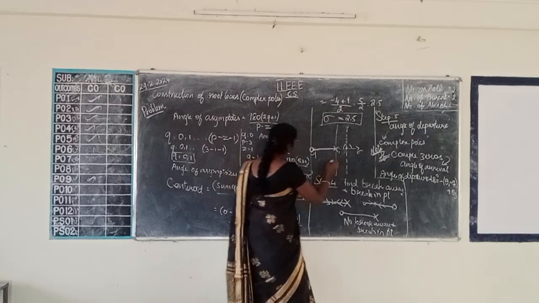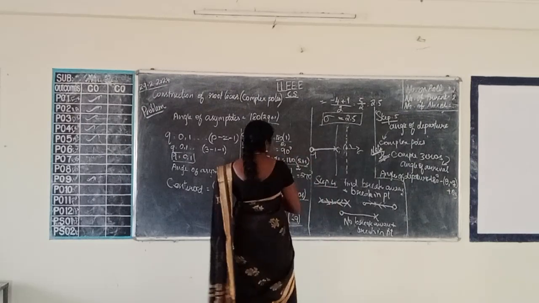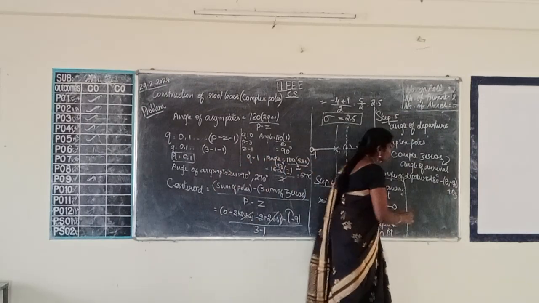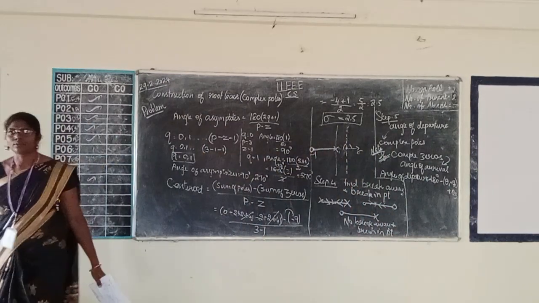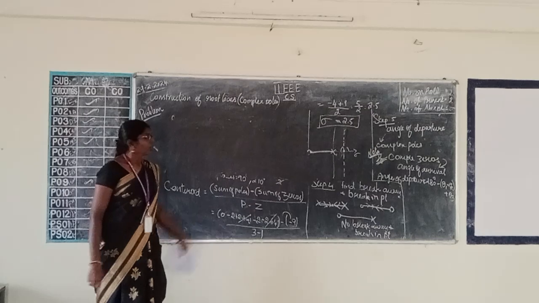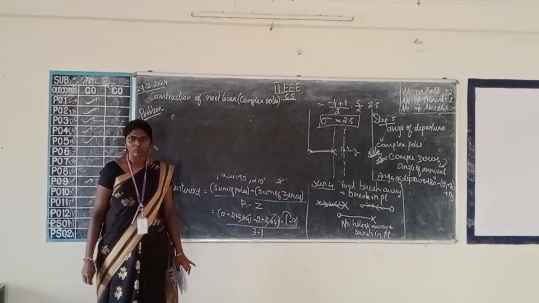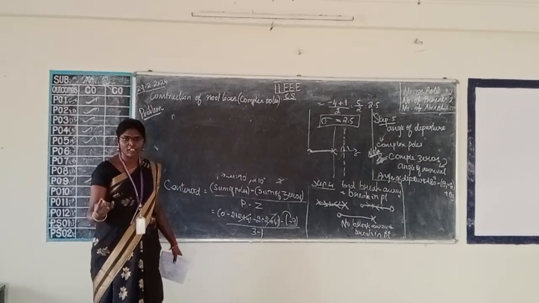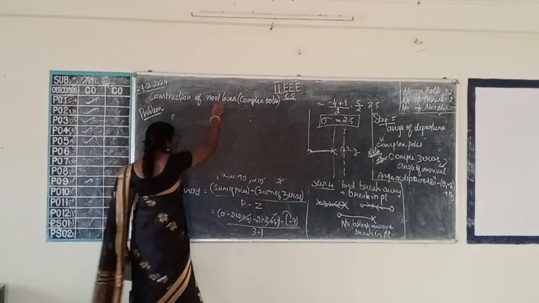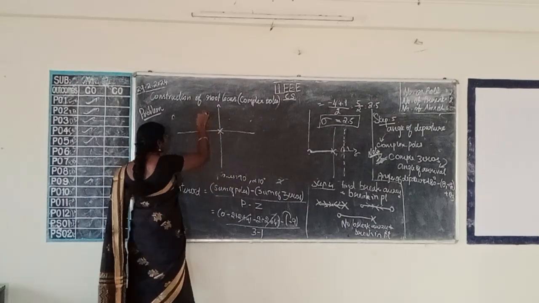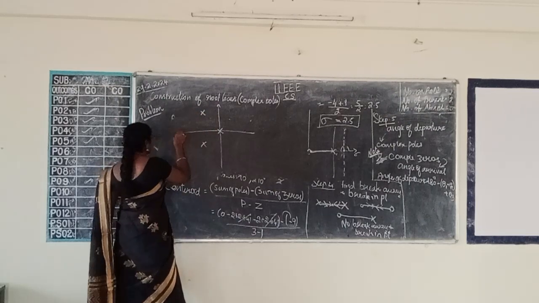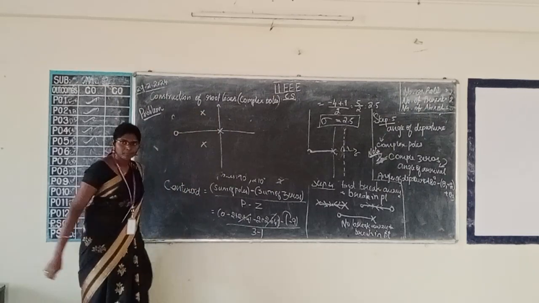For that, you have to take a copy of this. To find the angle of departure, we have to know theta 1, theta 2, theta 3. For that, you go to the graph with the availability of zeros as well as poles.